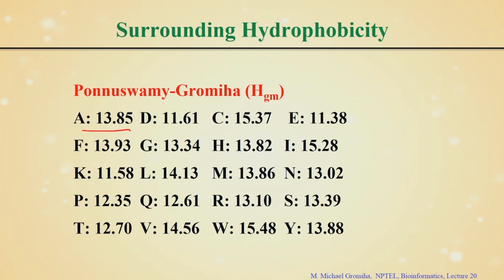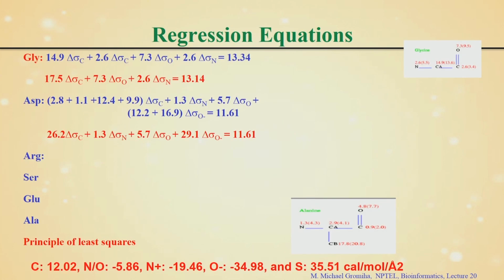So if you make it into different groups, for example if you see this alanine, we can see that this is the data for alanine, y axis that is equal to 13.85, and on the left hand side you can see that is a combination of different sigma I. So different atoms in glycine, alanine, this is N, C alpha, C, O and C beta, but here this comes to C, and you can see N and O together.